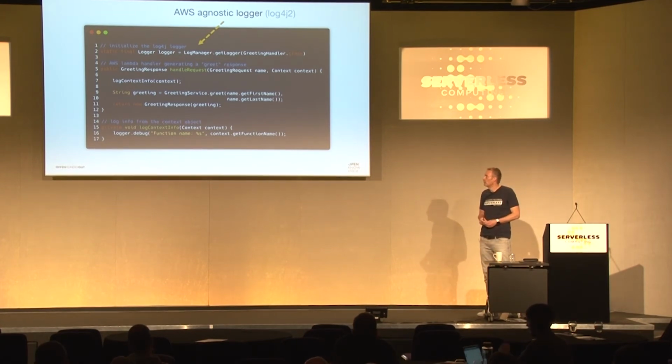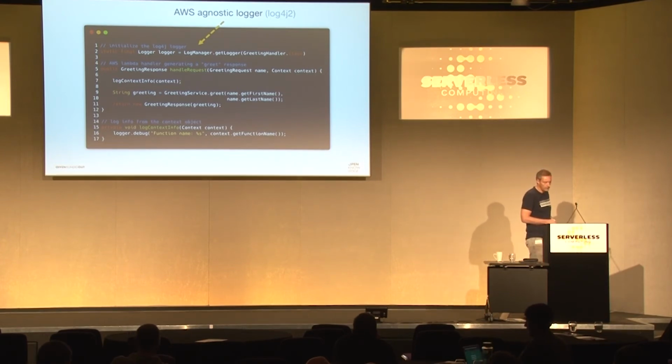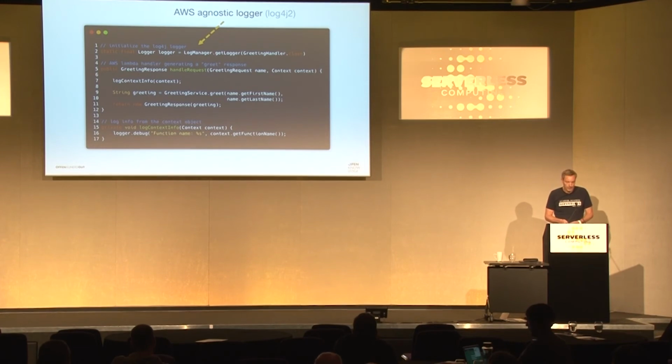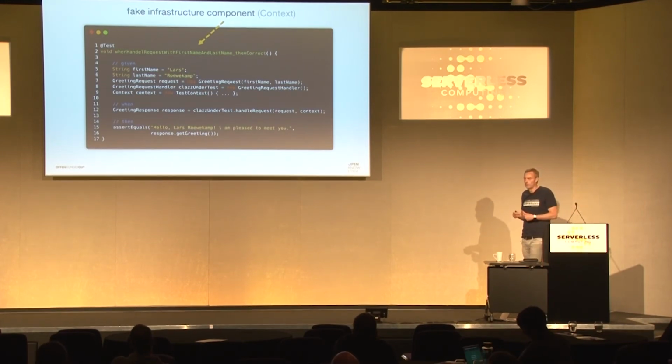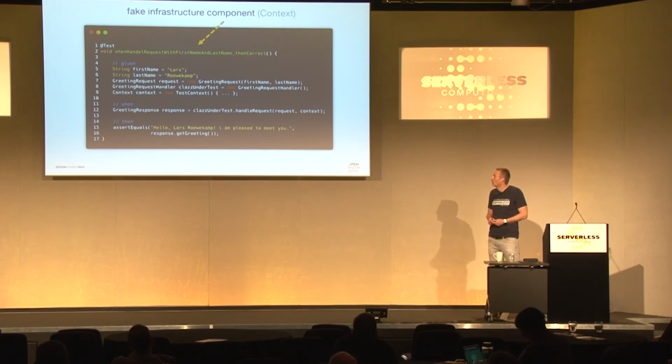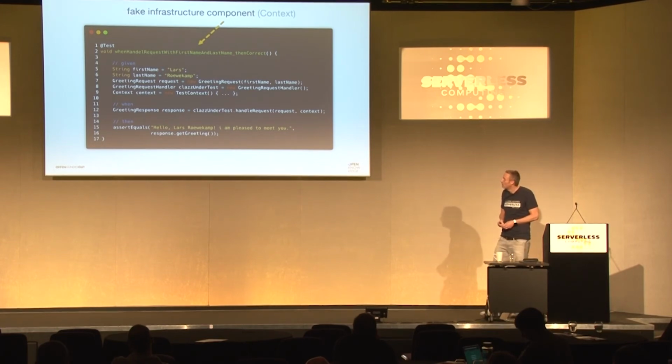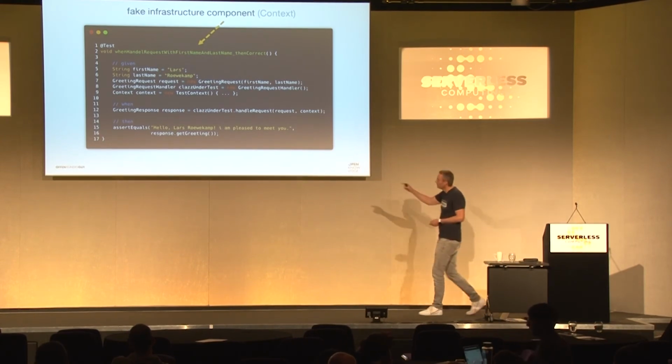One implementation could be the real cloud implementation, and another implementation could be our special implementation for testing. But this is a huge effort to manage. To not have to do this, the second solution is that you normally fake or mock these cloud infrastructure components. This is again a test, and what I did here is fake the AWS context of the Lambda function by just writing my own context, which is called TestContext.